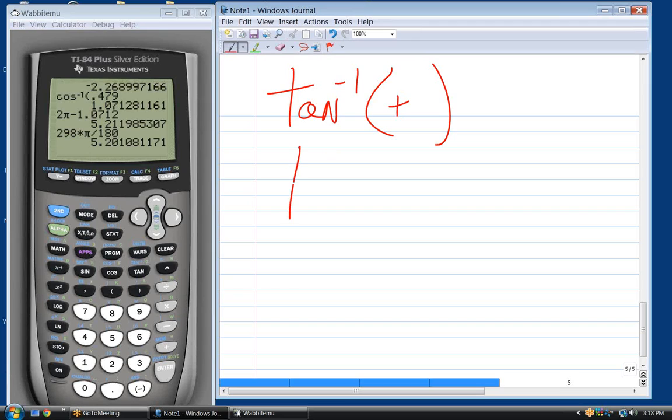If I gave you inverse tangent and gave you a negative number, what quadrant is it going to give you? The fourth. Yeah, it's just like sine. Its primary quadrants are first and fourth, unlike cosine, whose primary quadrants are first and second.